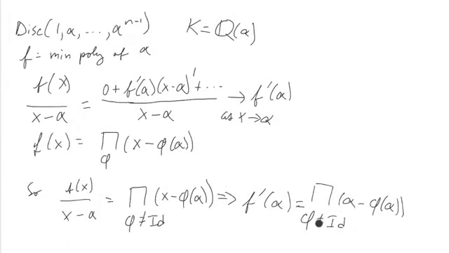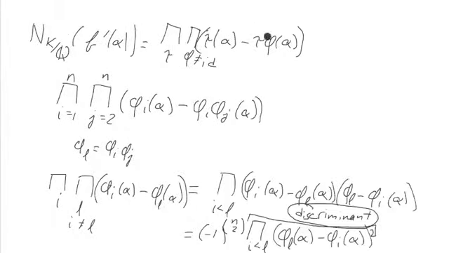So we take tau of that product, and tau will come in here to the alpha and phi of alpha. Through some rearranging and relabeling, labeling the different endomorphisms as phi i, so letting tau be like phi i and phi being like phi j, where phi 1 might be the identity.